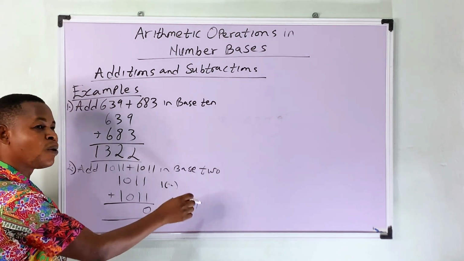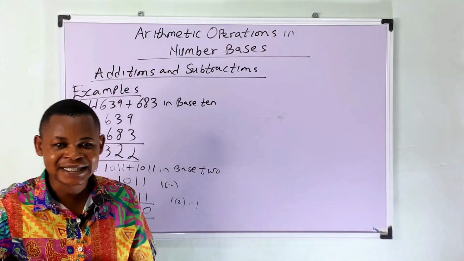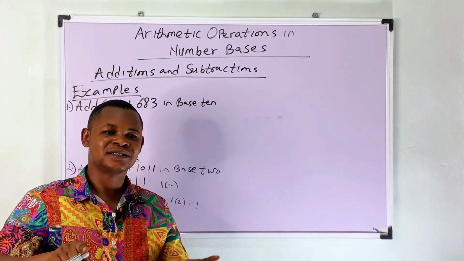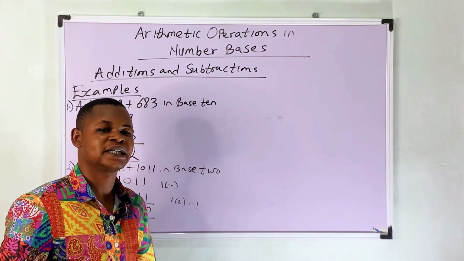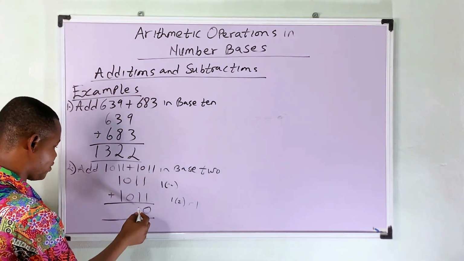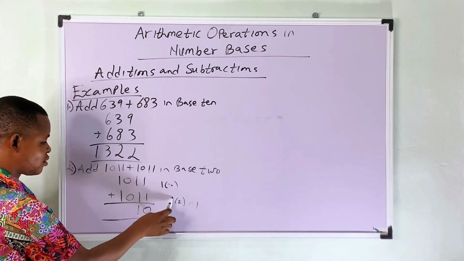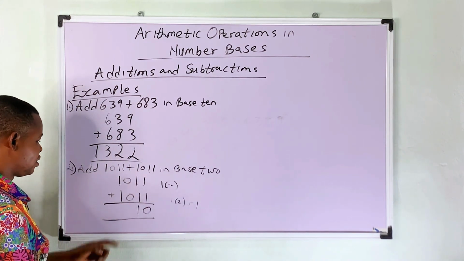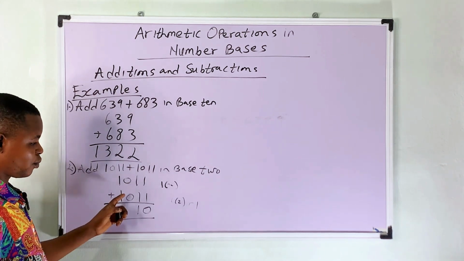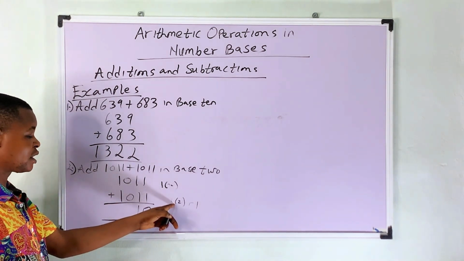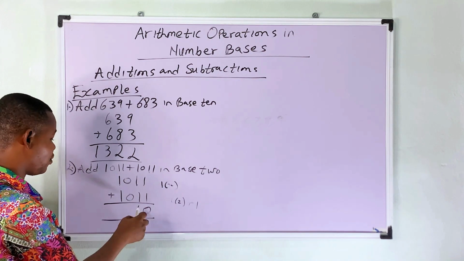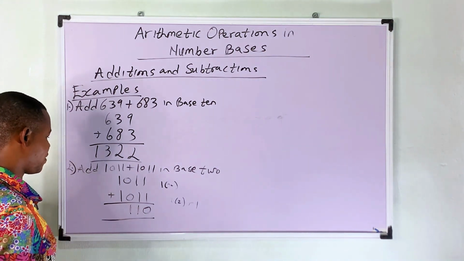We are going to write that 1 that remains, because 1 is still within the threshold of digits we could get in binary. We write 1. All right, but we still have one set of 2 outside. 0 plus 0, that's 0. Plus 1 that we have, the one set of 2 outside, we write 1.